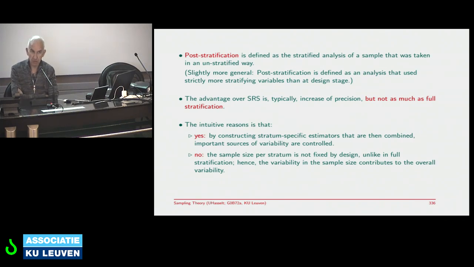But if you post-stratify for gender, it's not going to change the fact that your sample happens to be 44 men and 56 women, even though you wanted more or less 50%. So there is some room for it, but it's still technically, in terms of performance, less optimal than pre-stratifying. Okay.